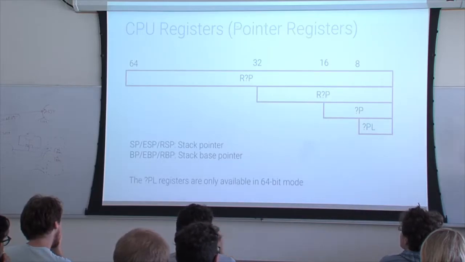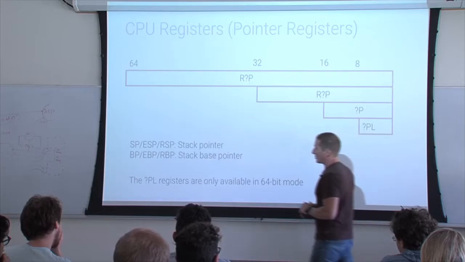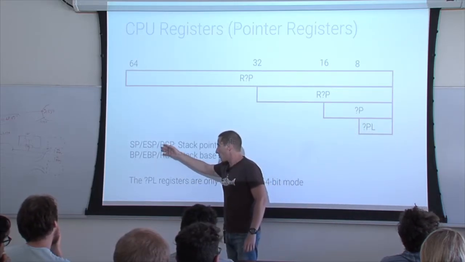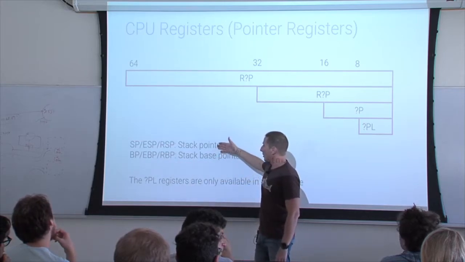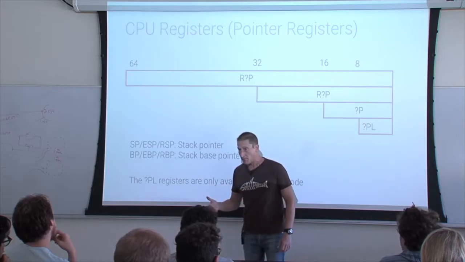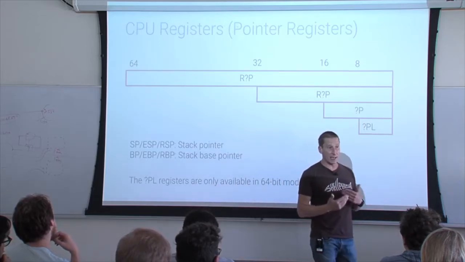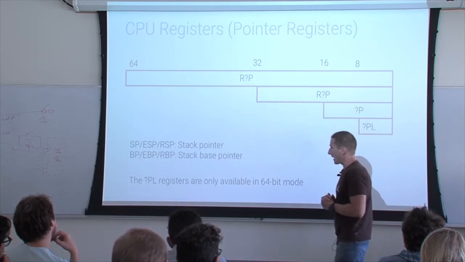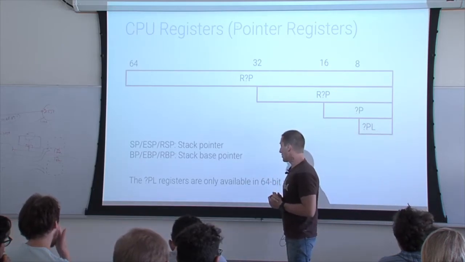Then there are other registers called the pointer registers, usually ESP and EBP, or RSP and RBP, which are respectively the stack pointer and the stack base pointer. As we will see, manipulating these two registers is a fundamental mechanism to achieve code execution.